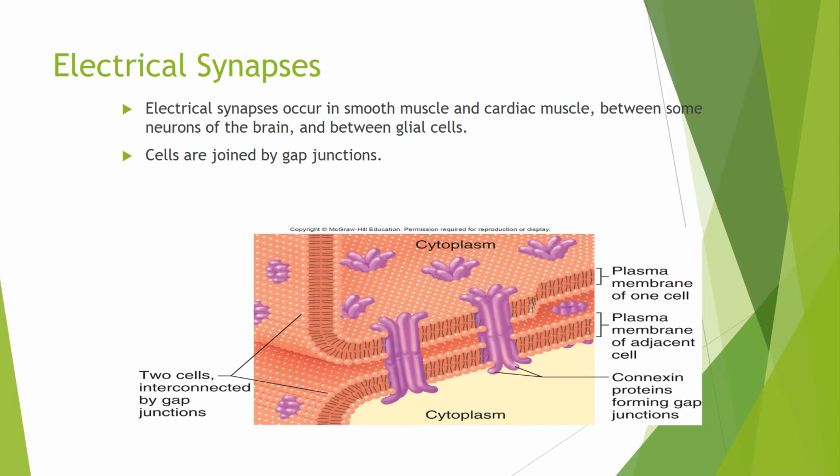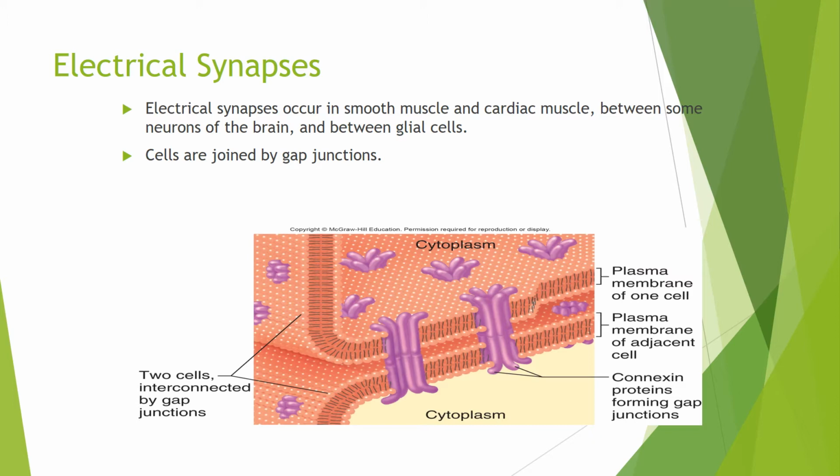For instance, in smooth muscle, we see this with peristalsis and digestion, where the movement and contraction of that muscle occurs at once. And within the cardiac muscle, for the heart to beat as a syncytium or as a unit.